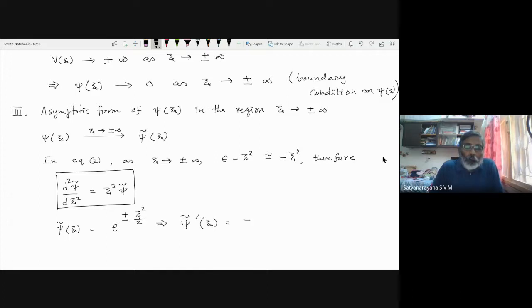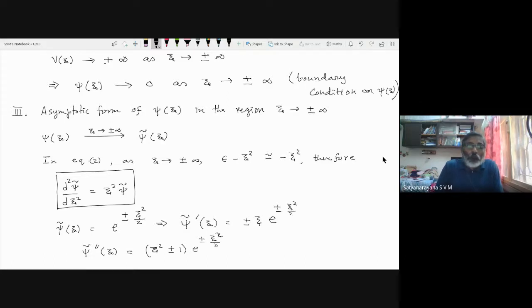That will be equal to plus or minus xi e to the power plus or minus xi square by 2. Then what will be psi tilde double prime of xi, that means the second derivative? The second derivative will be xi square plus or minus 1, into e to the power plus or minus xi square by 2.